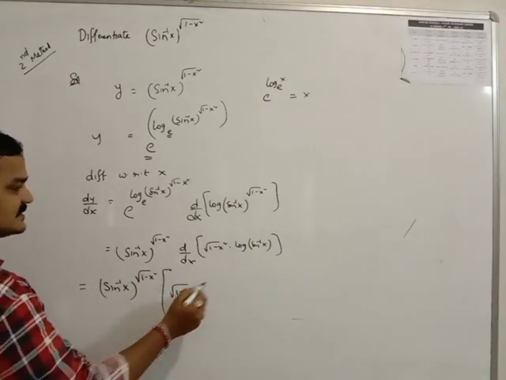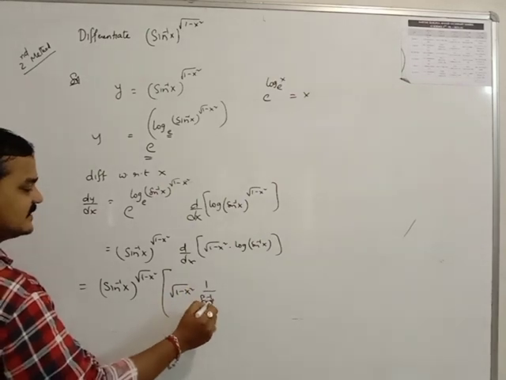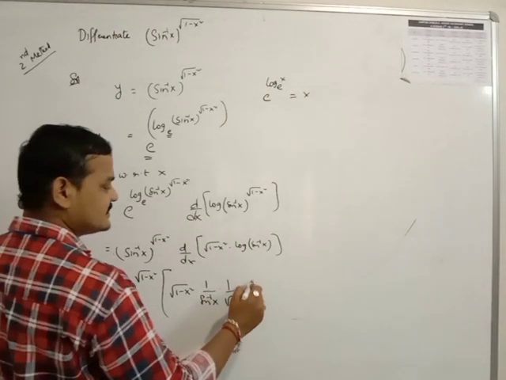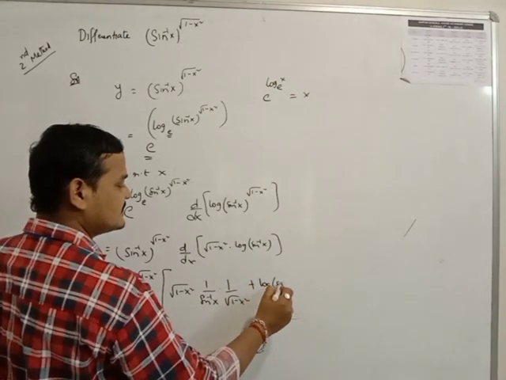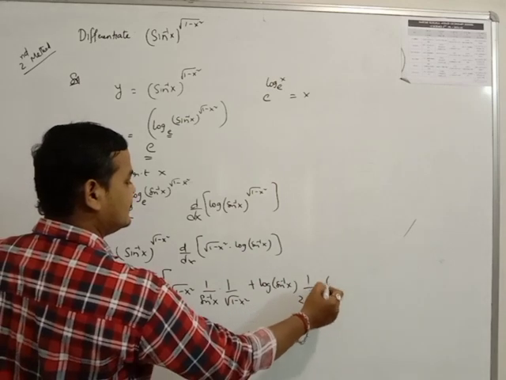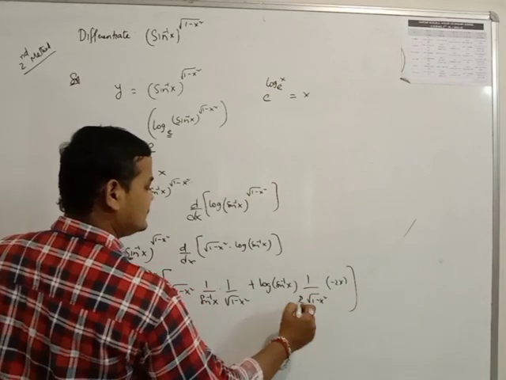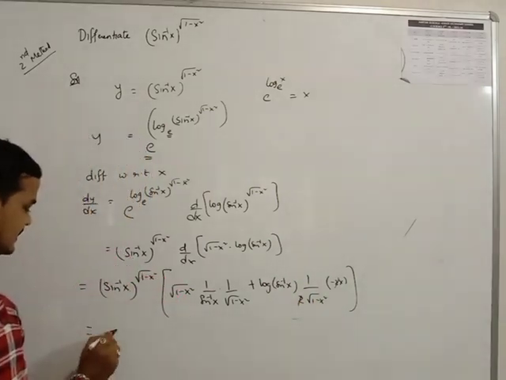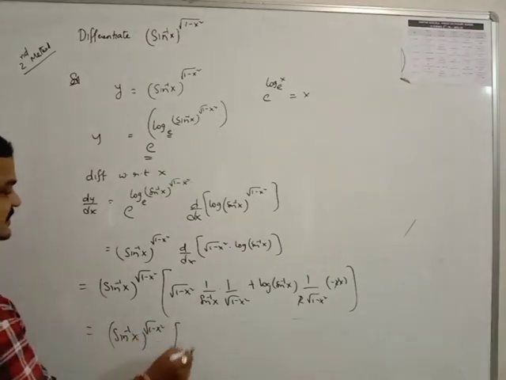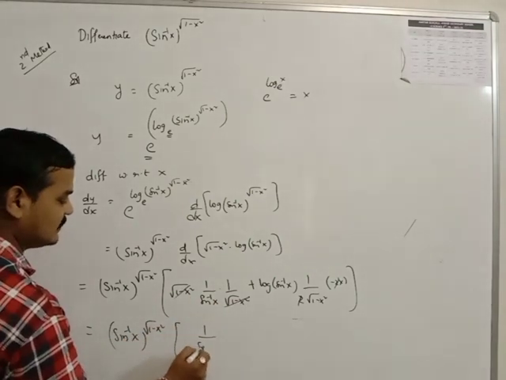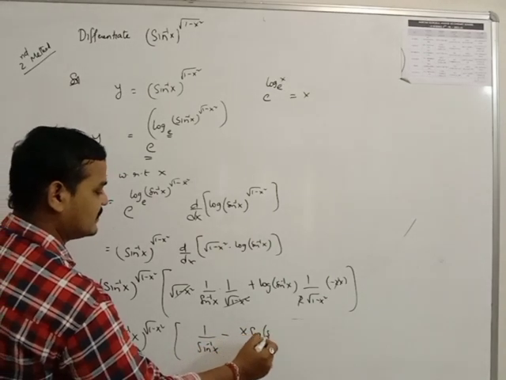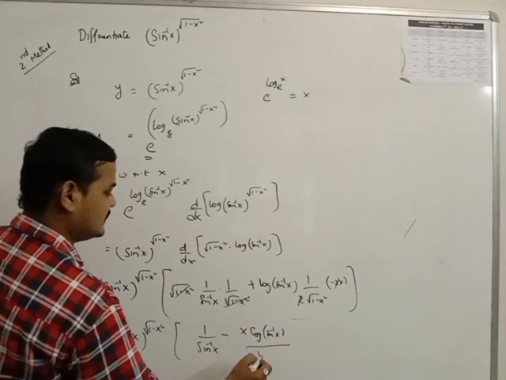Root over 1 minus x square into 1 by sin inverse of x into the derivative of sin inverse x, which is 1 by root 1 minus x square, plus log of sin inverse of x into the derivative, this is 1 by 2 root 1 minus x square into minus 2x. This 2 cancels. So finally you are getting (sin inverse of x) whole to the power of root over 1 minus x square into, this is cancelled, 1 by sin inverse of x minus x into log of sin inverse of x by root over 1 minus x square.